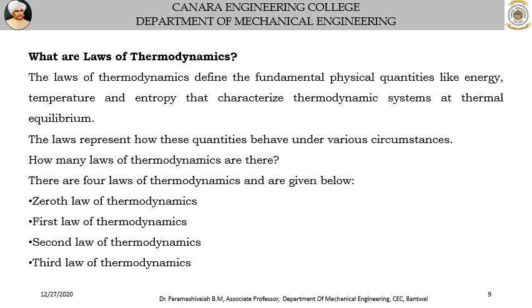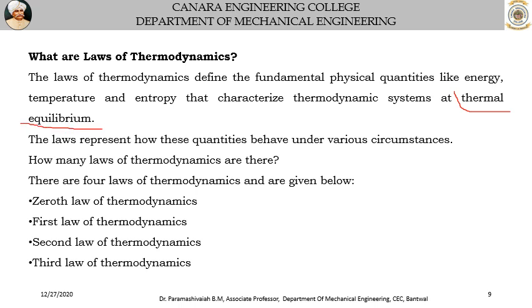The laws of thermodynamics define the fundamental physical quantities like energy, temperature, and entropy that characterize thermodynamic system at thermal equilibrium. So, you know what is thermal equilibrium? Thermal equilibrium means the state at which the temperature remains constant.